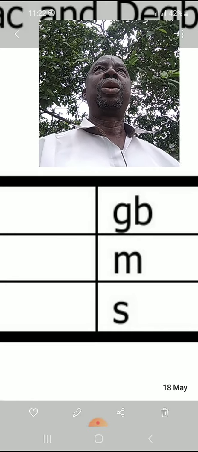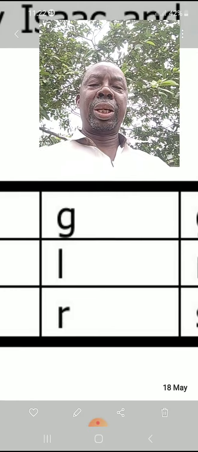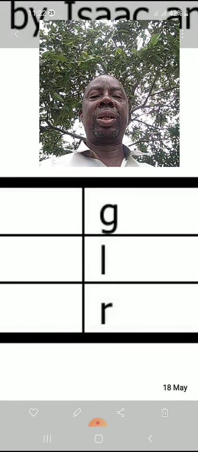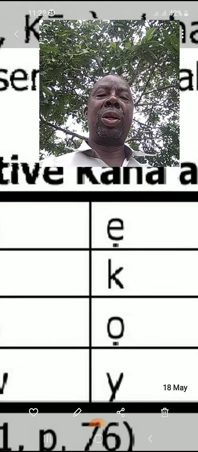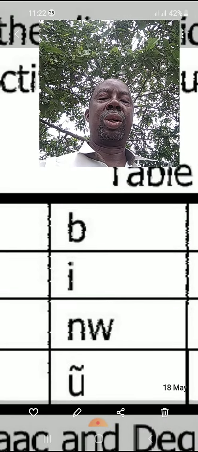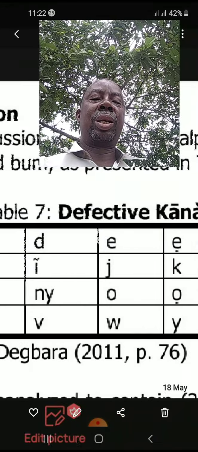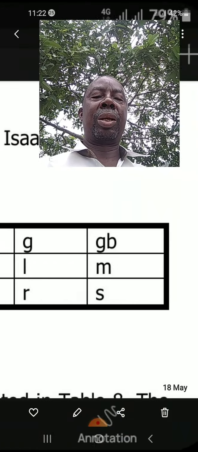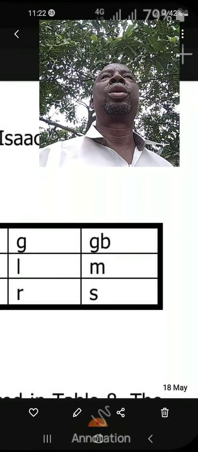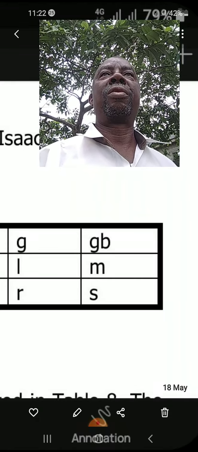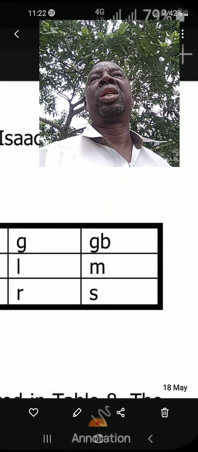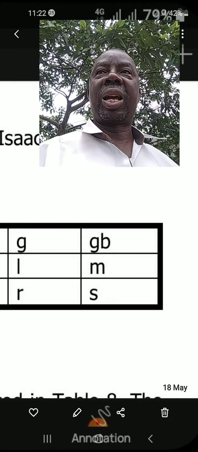But where you have G occurring in isolation, as you can see here at one point, and then B occurring somewhere else also in isolation, as you can see here, and then you look at them put together here, in this case, they don't make up a digraph, but they make up a complex consonant in the sound system of the language.